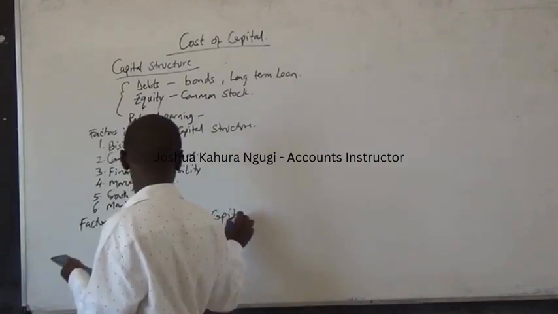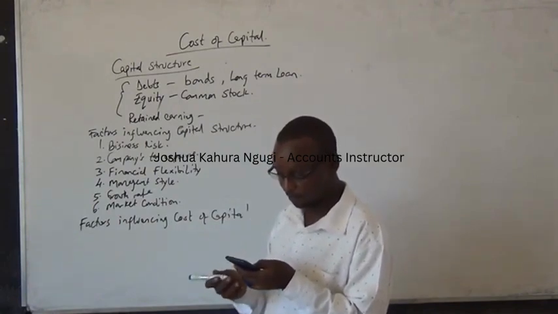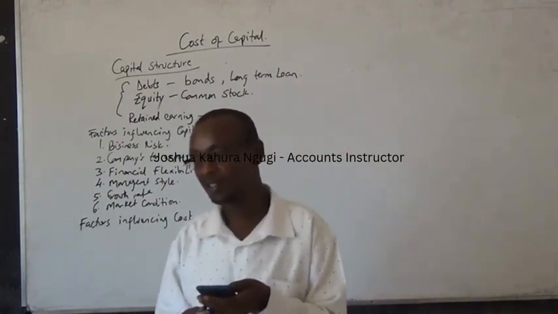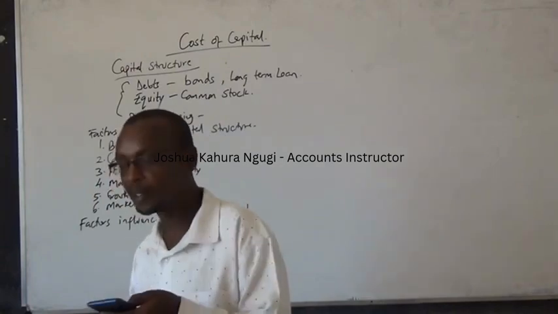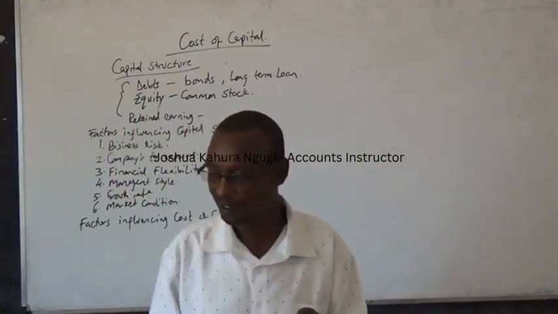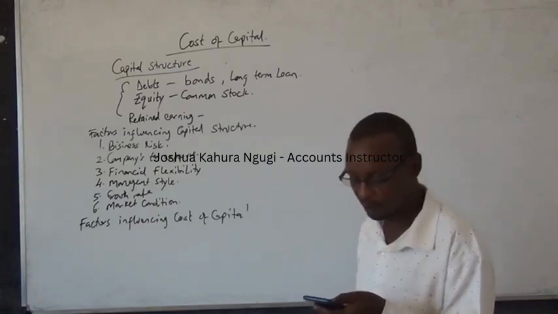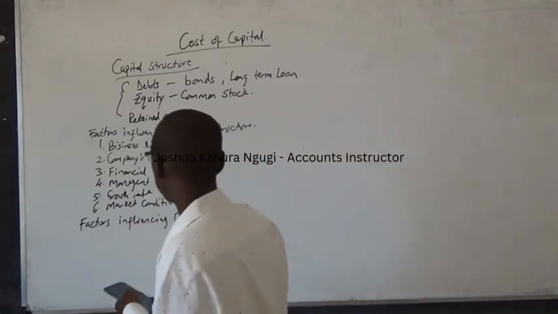Remember, we said that cost of capital is the price the company pays to obtain and retain finances. Now, what are the factors that influence the cost of capital? One is terms of reference.